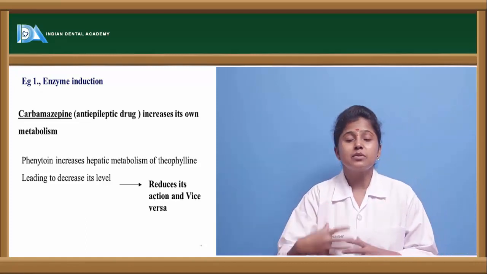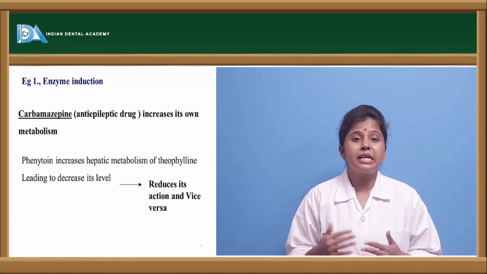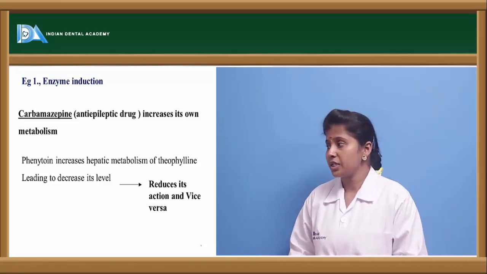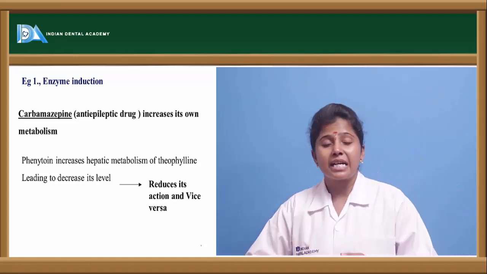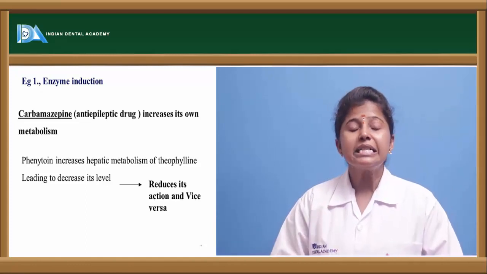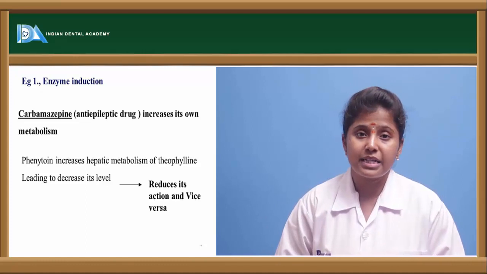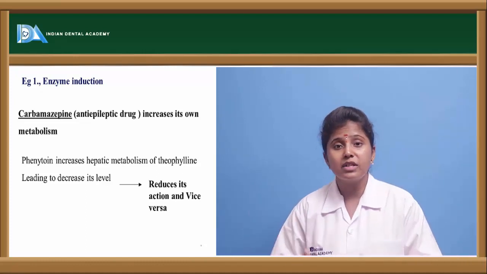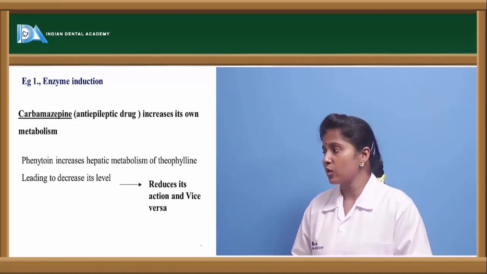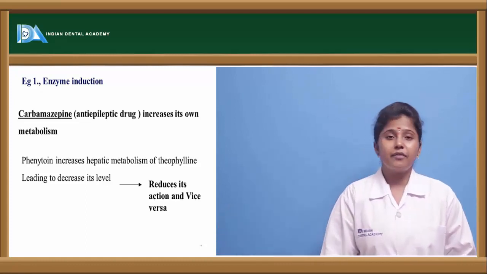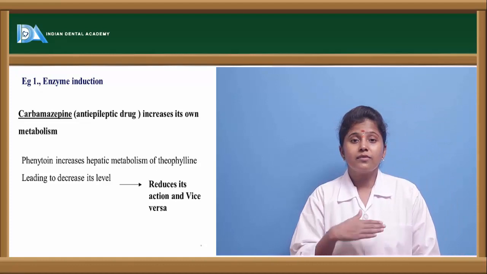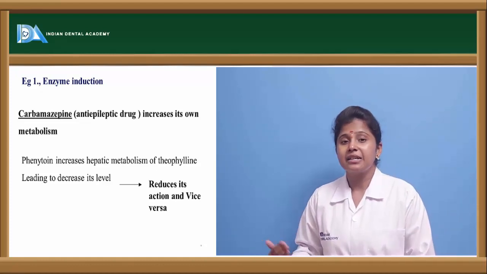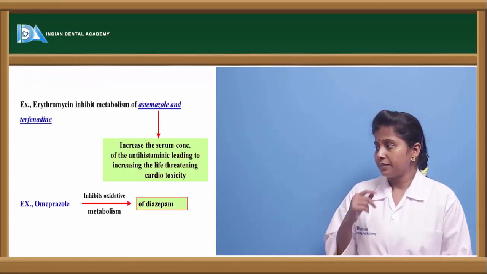So if enzyme induction or enzyme activation takes place in the liver enzymes, this carbamazepine, because of its activity, increases or stimulates the liver enzymes. Thereby its own metabolism is increased. So it is altering its own metabolism. And a drug like phenytoin increases the metabolism of theophylline. If the metabolism is increased, then its efficacy will be decreased.